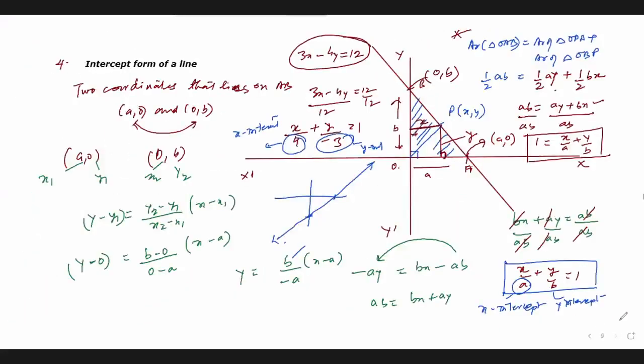We will be covering another form of a line, known as the normal form or perpendicular form of a line. So the fifth form that we will be learning is the normal form or perpendicular form of a line. So this we will do.